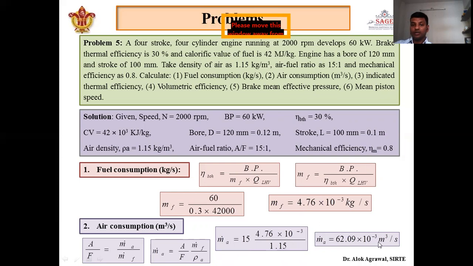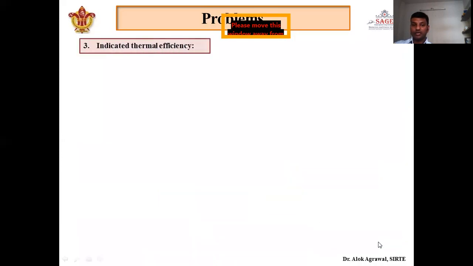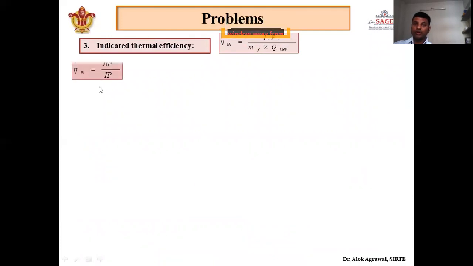Okay. Next one is indicated thermal efficiency. The formula, we know, is indicated power upon MF into calorific value. In this equation, indicated thermal efficiency is unknown and indicated power is also not given in the problem.